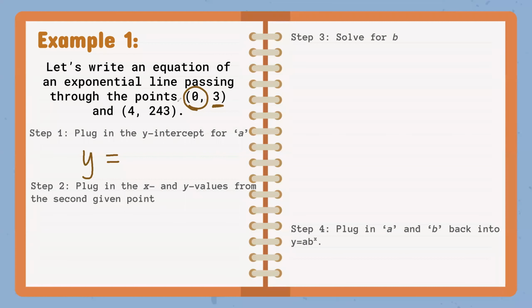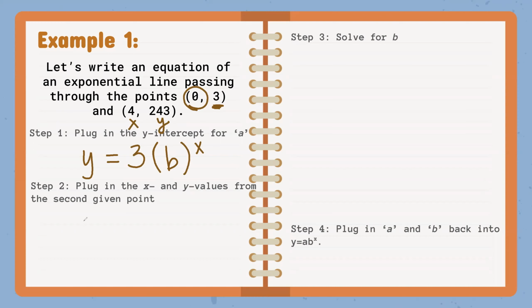So we actually want to plug in 3 for a. Okay, that is what we have so far. We plugged in our y-intercept value in for a. Step 2 is to plug in the x and y values from the second given point.